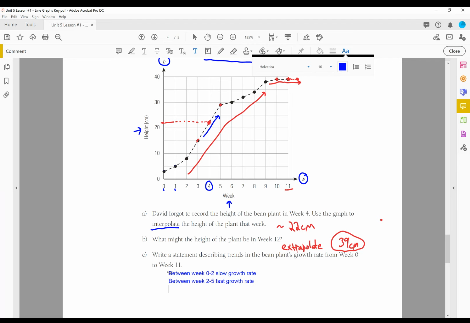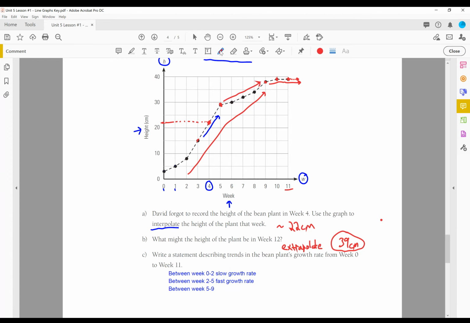And then I can say between weeks 5 and 9, the growth rate, if you can see, between 5 and 9, I've got to go back to my drawing tool. It kind of goes back up.